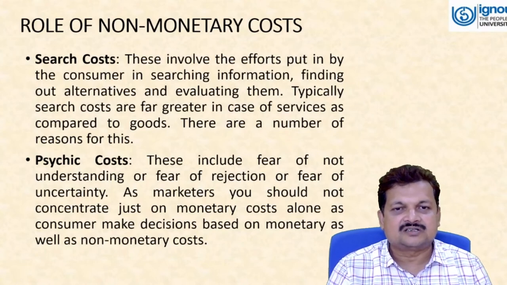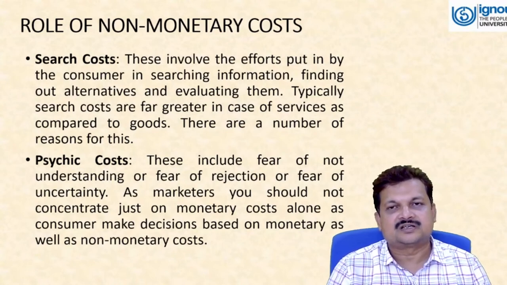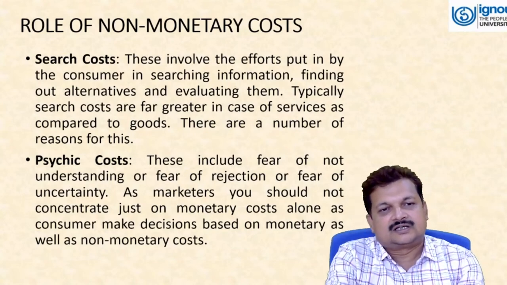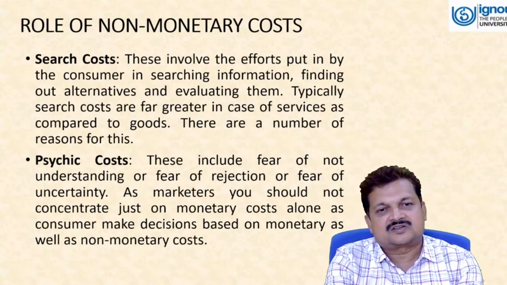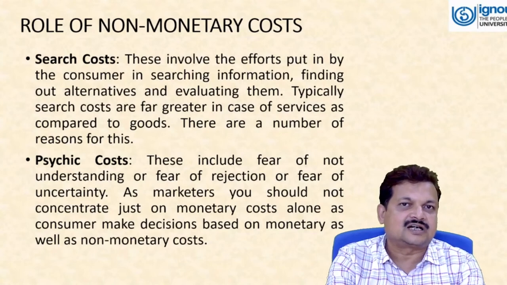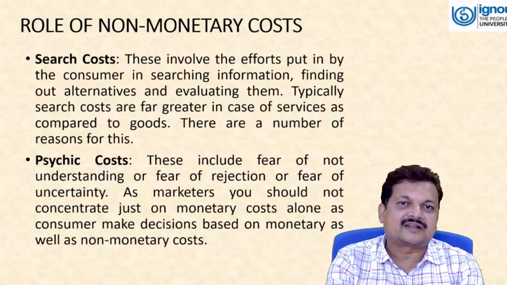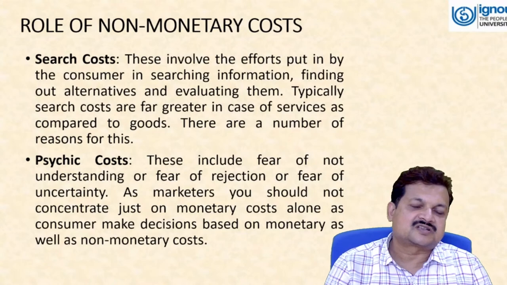Psychic costs include fear of not understanding, fear of rejection or fear of uncertainty. If there is rejection of these services, or uncertainty whether it will come or not, these costs are also related. Like your waiting time: you have booked a train ticket and it shows that your ticket is not reserved, that is unreserved or RAC, reservation against cancellation.